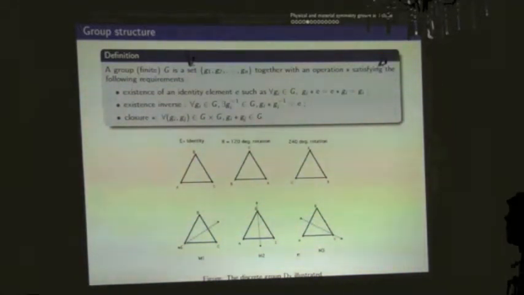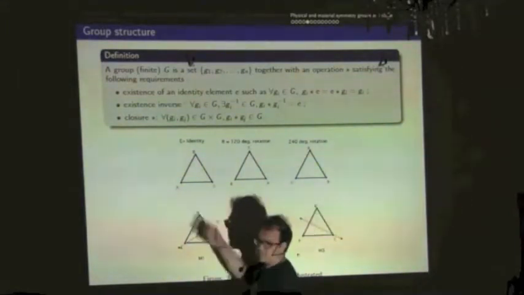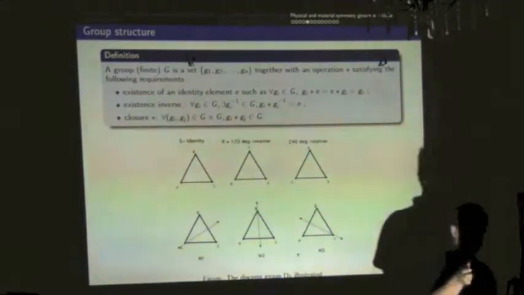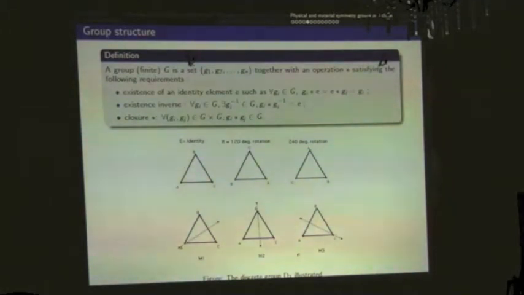Let's take my triangle ABC. If I make a rotation by 2π over 3, it will transform my triangle into a new configuration that cannot be distinguished from the initial one. But I can keep on and make another rotation. So the composition of two rotations is another rotation within the group that will also leave my figure invariant.